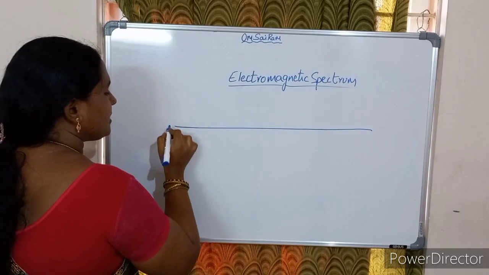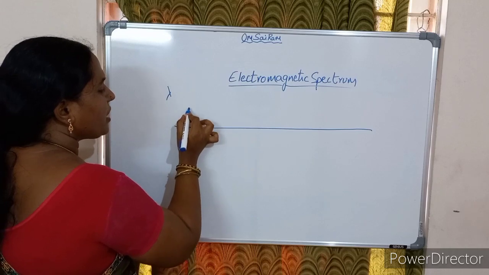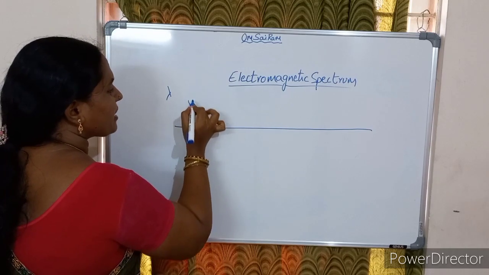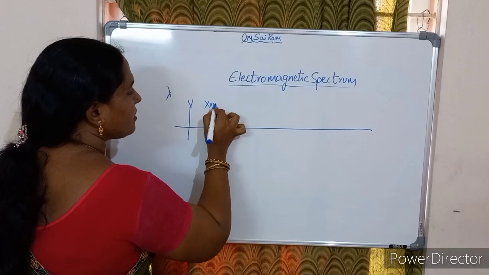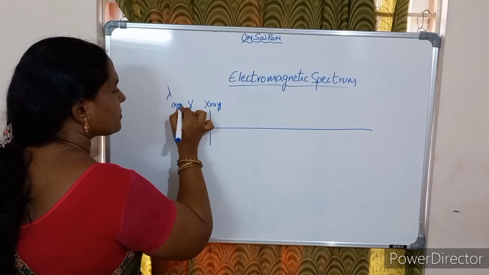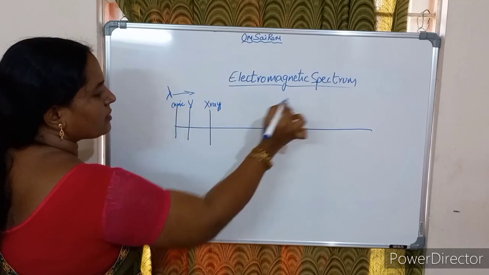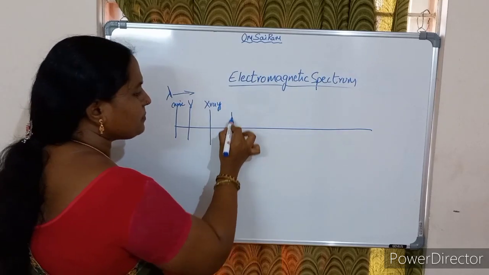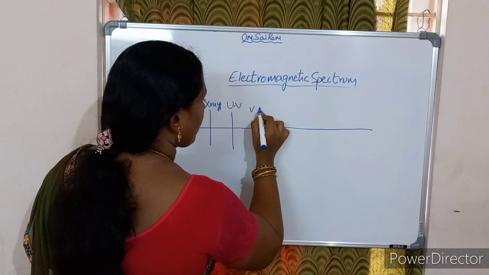Considering the wavelengths, the wavelength is very short for gamma rays, later X-rays. Before this, there are cosmic rays also. Here the wavelength increases as we go on. X-rays. Next, UV rays.